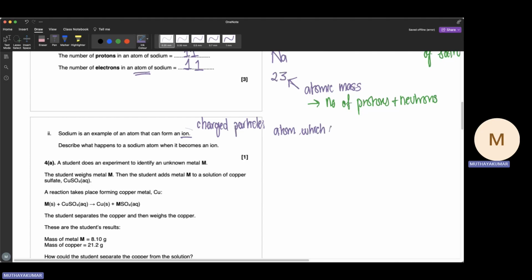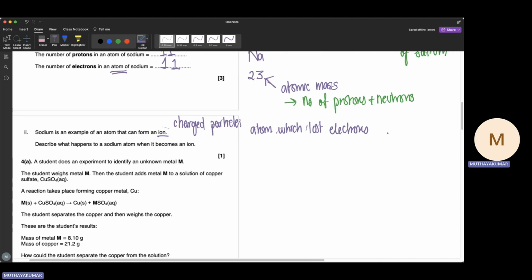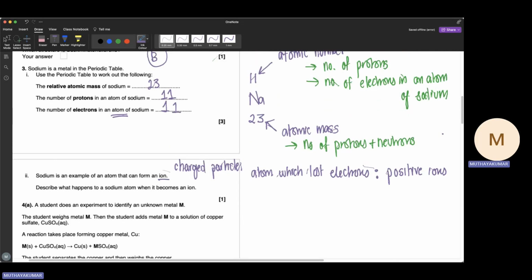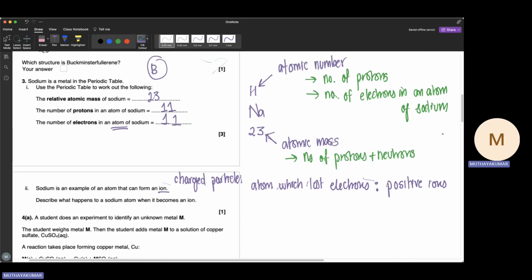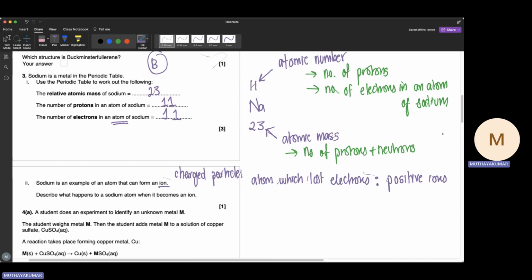An atom which has lost electrons becomes a positive ion. We know that electrons are negatively charged, and we start off, as we talked about earlier, with the same number of protons and electrons. If an atom loses negative electrons, it's going to have more positive protons and fewer negative electrons.